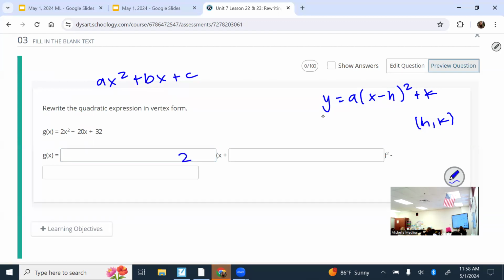Then we need to find the vertex. So my suggestion for finding the vertex when it's in standard form is to find the line of symmetry, and then plug in x and solve for y.